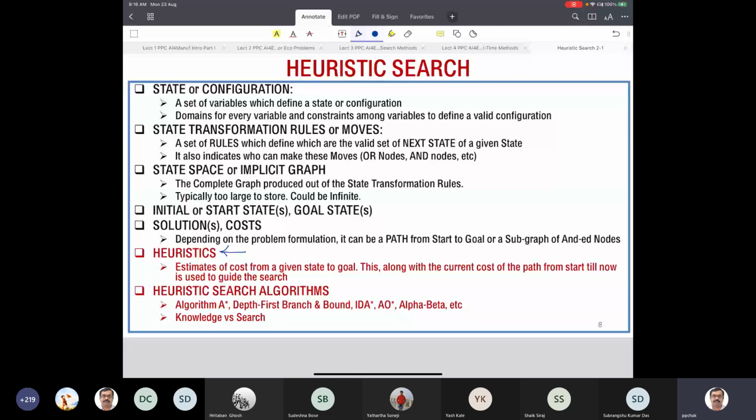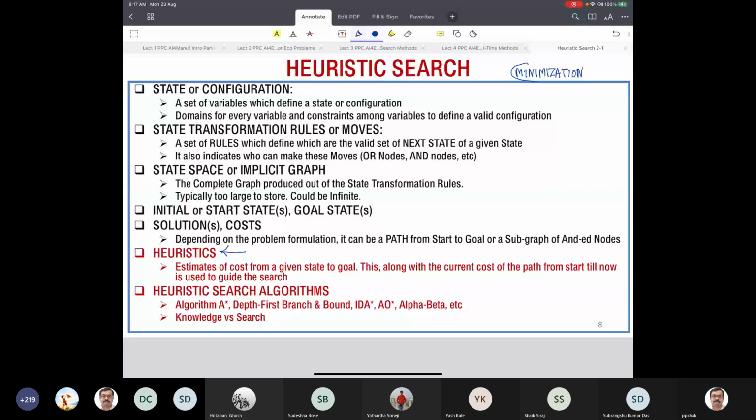And this concept of a heuristic, as I said, is domain-specific or problem-specific information. That means it is information about a problem such that we can find out, depending on the problem, how far we are from the goal. So let us assume for the time being that we are discussing minimization problems.